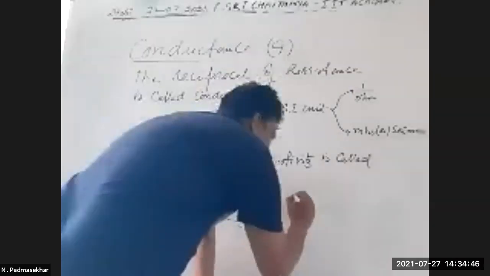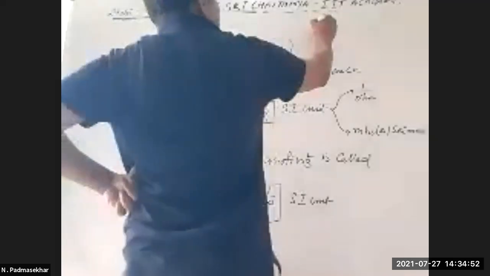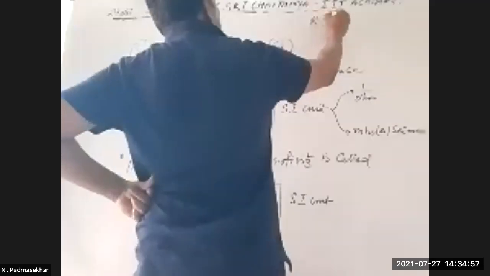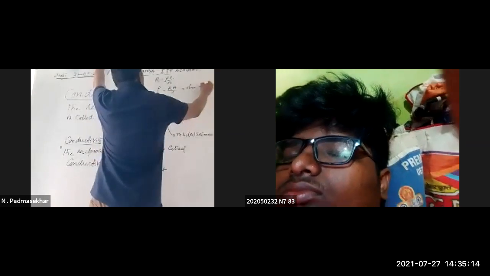So what is the SI unit? SI unit of this one is, see, resistivity. You know that R is equal to rho L by A. Rho is equal to RA by L. The unit of R is ohm. Then the unit is meter square by meter.